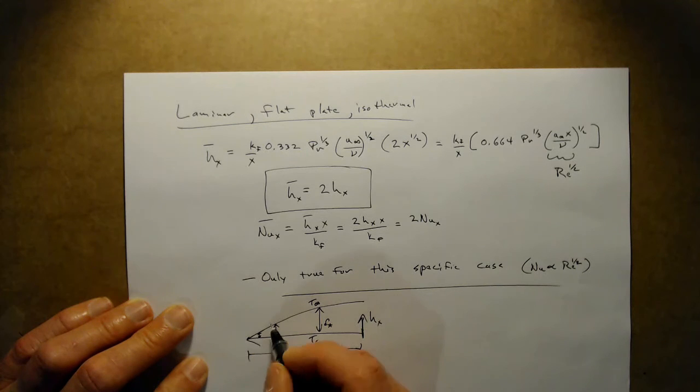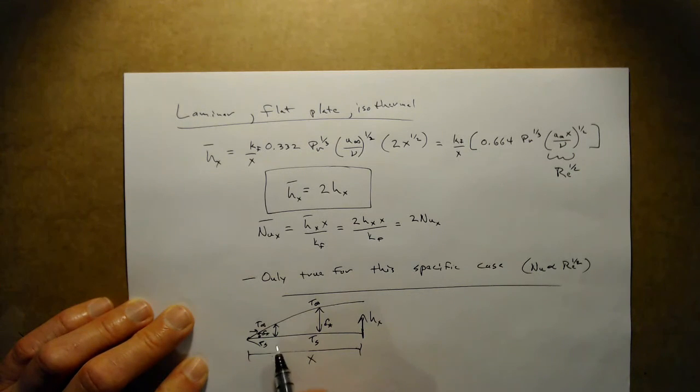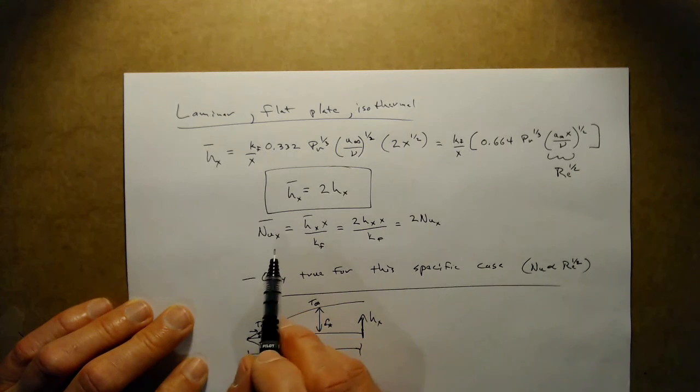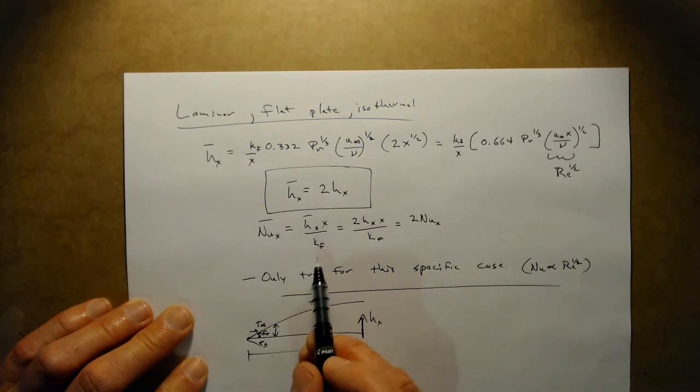Right near the leading edge of the plate, we have a very large temperature gradient because we have free stream temperature very close to the surface of the plate, and so we get a very high heat flux. So the heat transfer coefficient is larger near the leading edge and decreases as we get farther from it. If we integrate over it, we expect to get a heat transfer coefficient that is larger than the heat transfer coefficient at the end. And for the laminar flat plate, that's exactly 2 times.